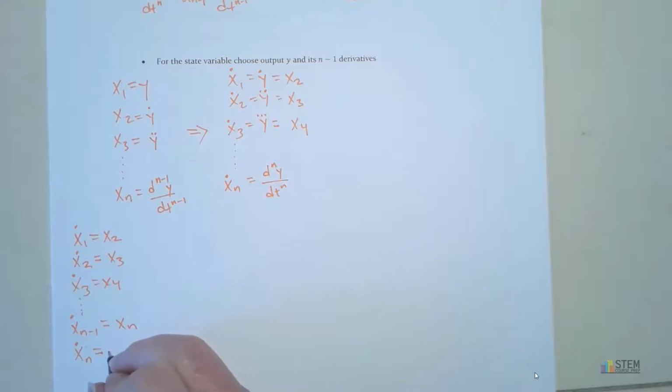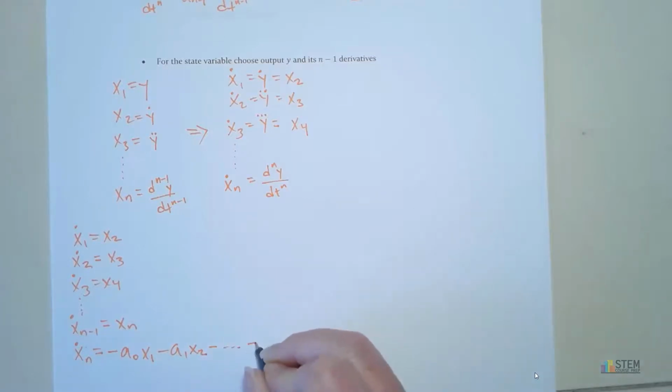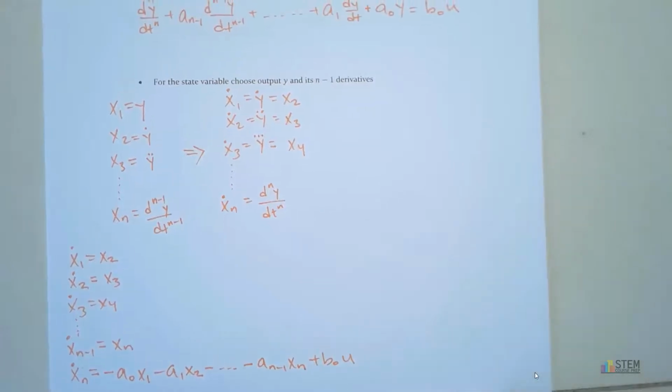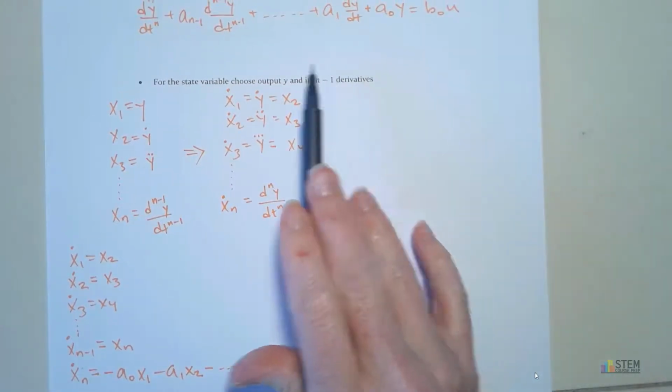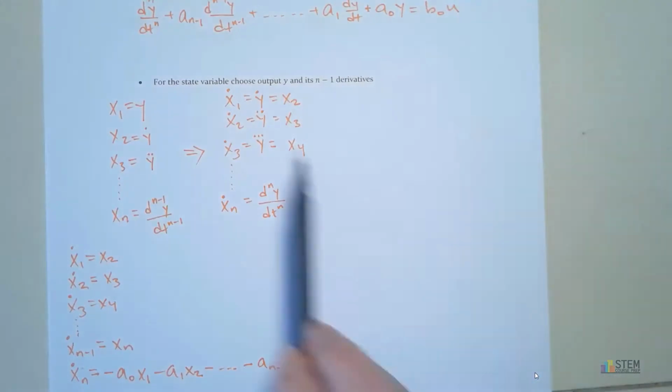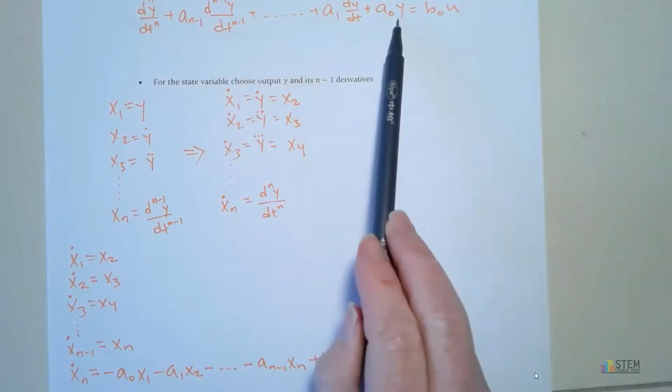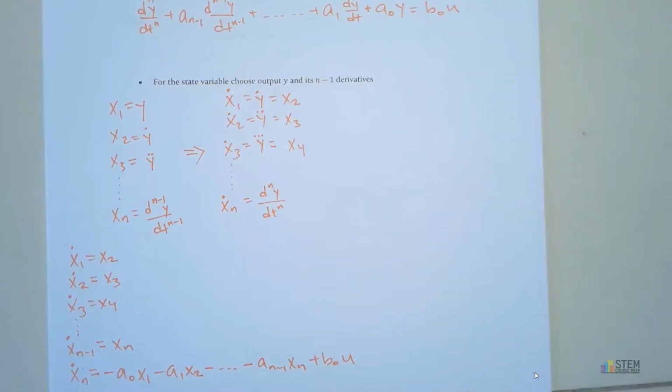So you're going to have negative a0 x1 minus a1 x2, keep subtracting until you get to minus a_{n-1} xn, plus b0 times u. All we did there was solve this equation for this term right here. So all this other stuff had to be moved over, and that's why we flipped the signs. And then we replaced these y terms with our state variables. Same thing we did in the last section.